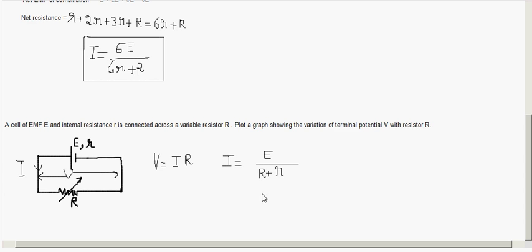So V is equal to I into R, which is E divided by R plus r, into R.